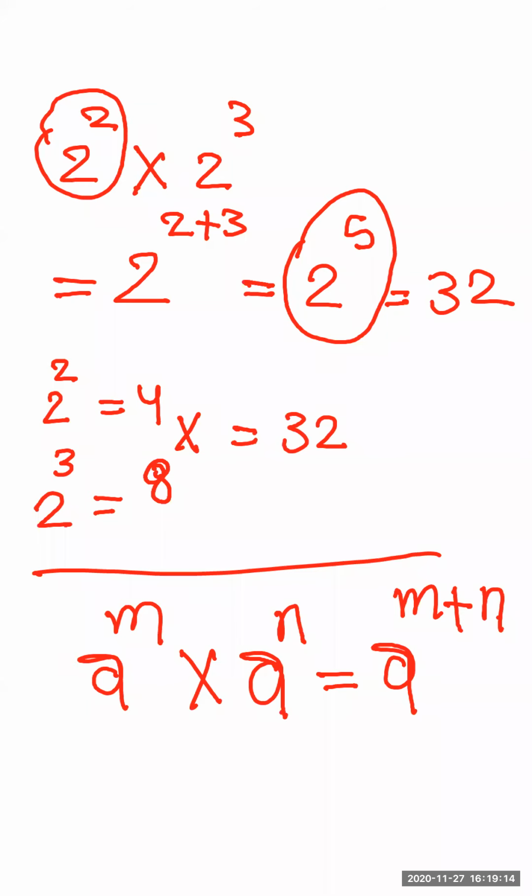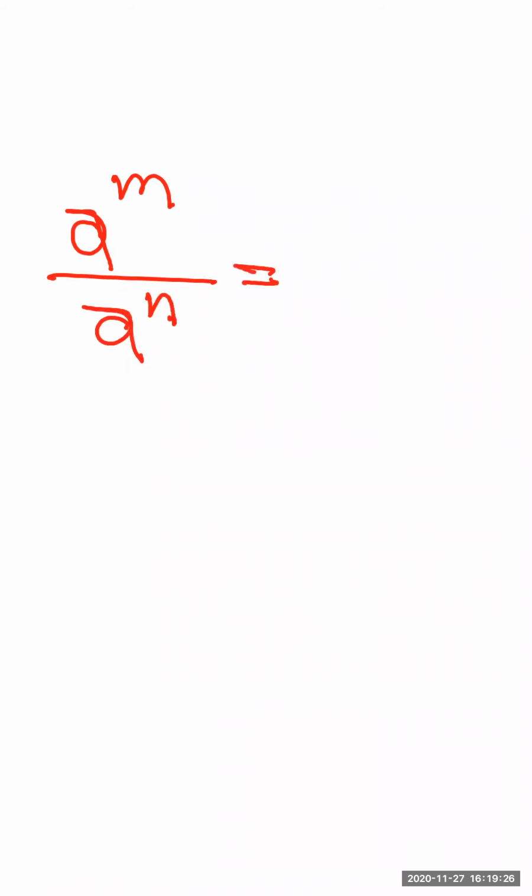If it's a division, guys, like a at the power of m divided by a at the power of n, it will equal a, the same base, and then the power, I will subtract the powers or the indices. So m minus n.